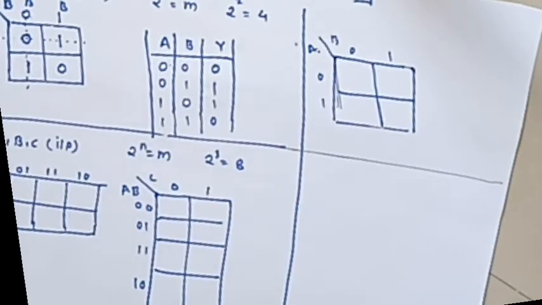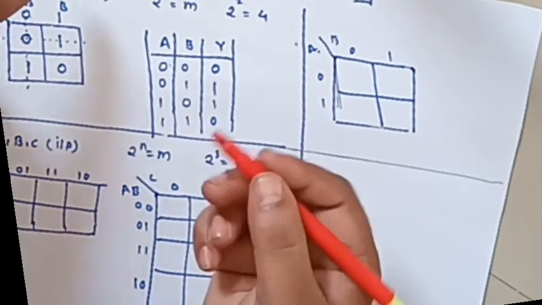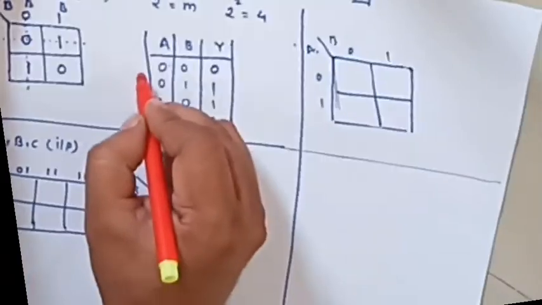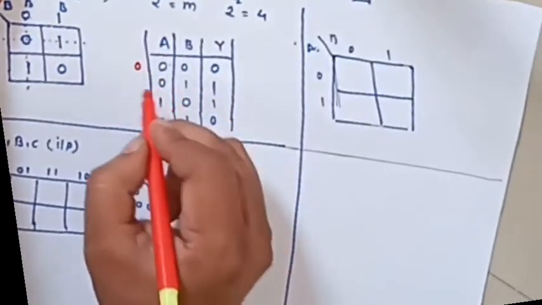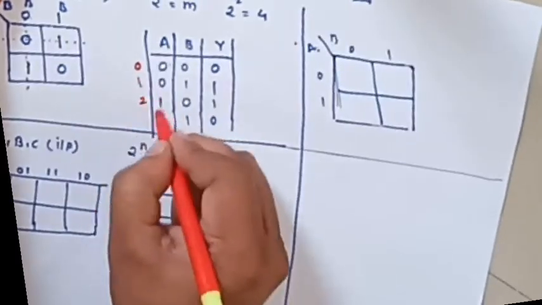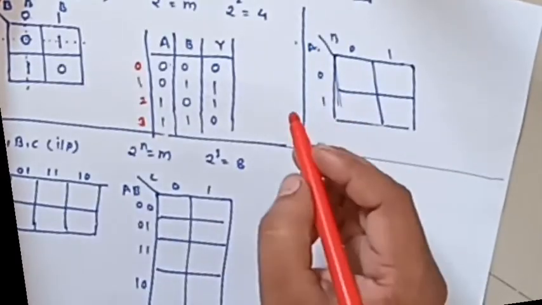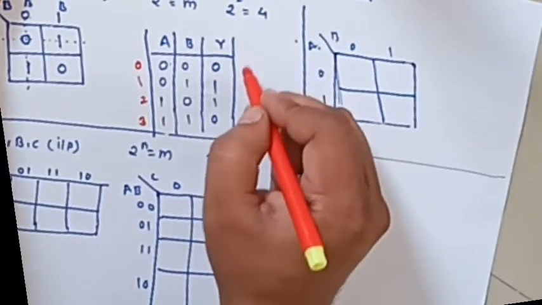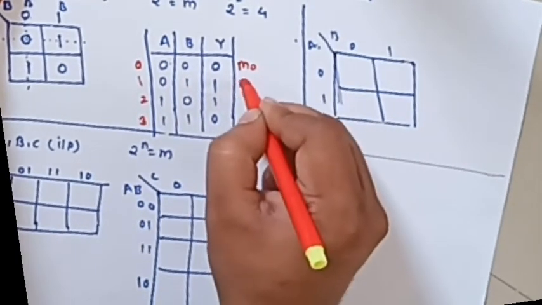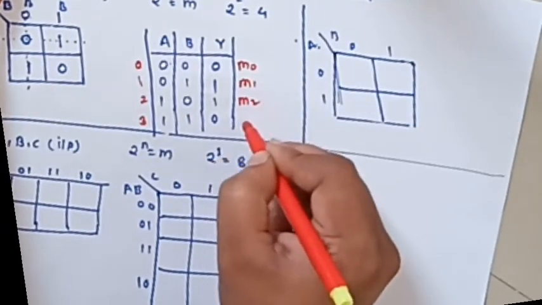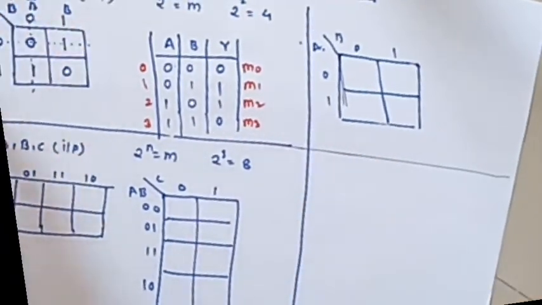We have seen how to find out the minterm and maxterm. Suppose for this truth table we write the decimal values 0, 1, 2 and 3. If the equation is in SOP form, then we write the minterms M0, M1, M2, M3.